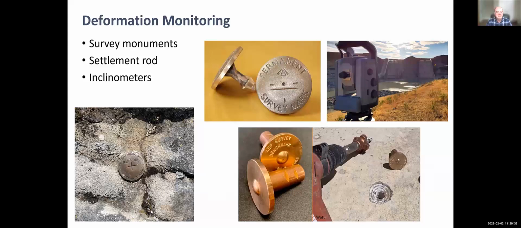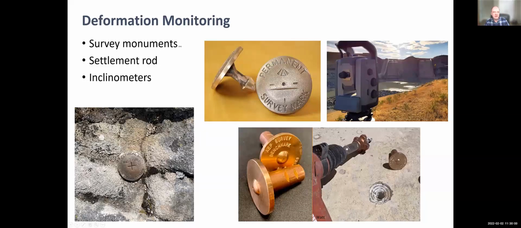Of course, surveying these is probably going to require a surveyor and some fairly expensive equipment. But if it was important enough to monitor deformations, some sort of permanent survey marker is really the way to go. This is actually a monument being installed in a spillway here.